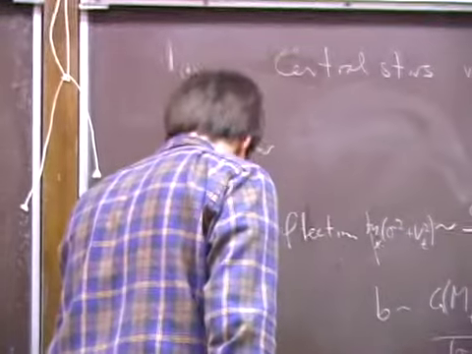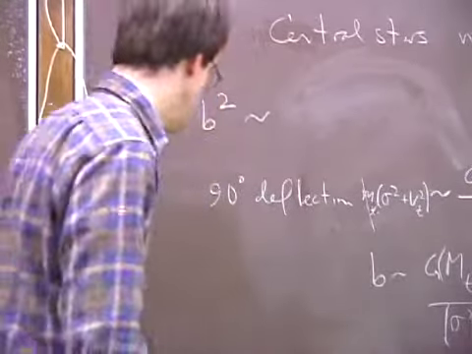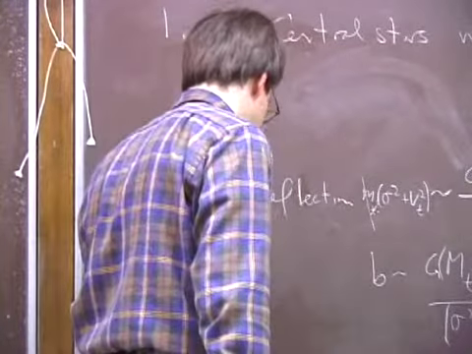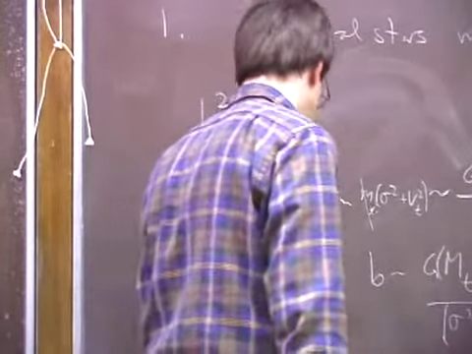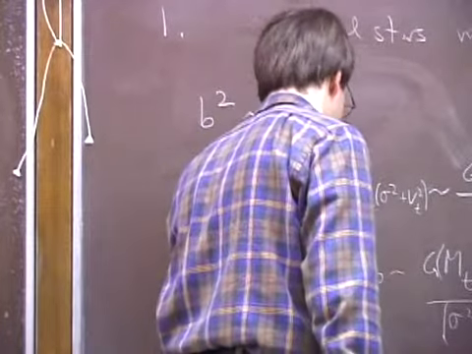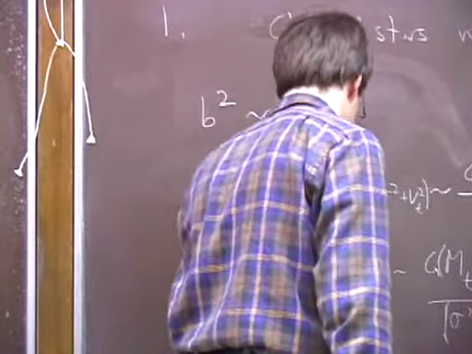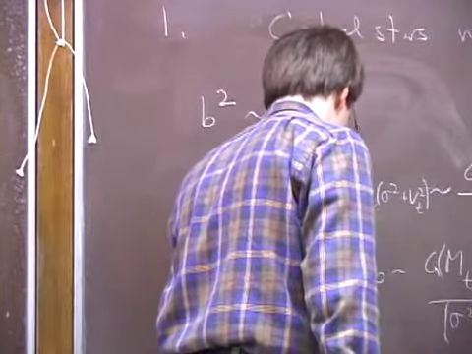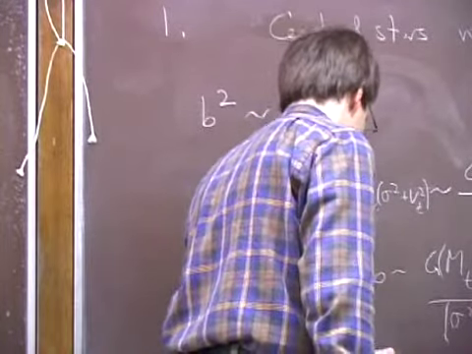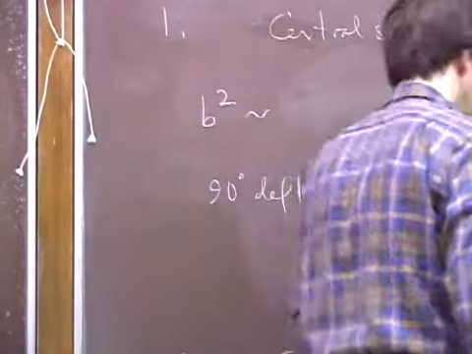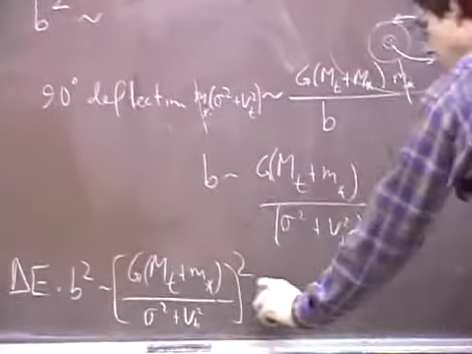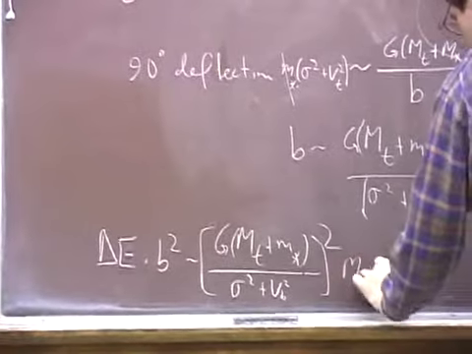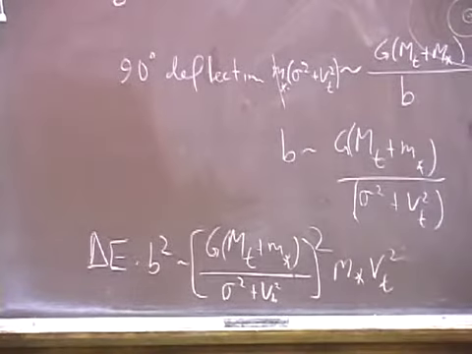So the change in energy times the cross section is going to be of order G. So that's the cross section, and the change in energy is going to be like m star v_t squared.